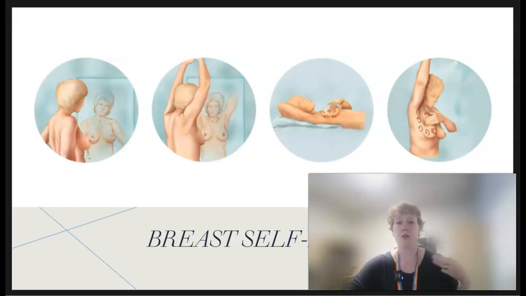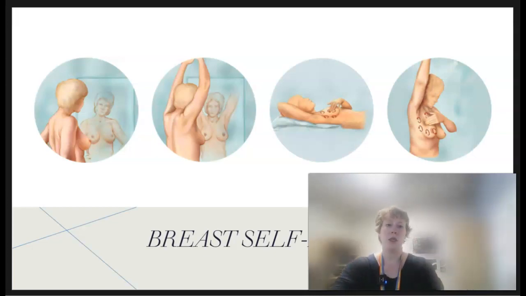Keeping the fingers flat, doing these nice little circles, just trying to feel for any new lumps, bumps, that sort of thing. And then they also show this standing up in the shower. The book recommended the shower was easier because the skin is wet, so it's a little lubricated. I haven't found that to be true, but it could be a good teaching point for your patient.